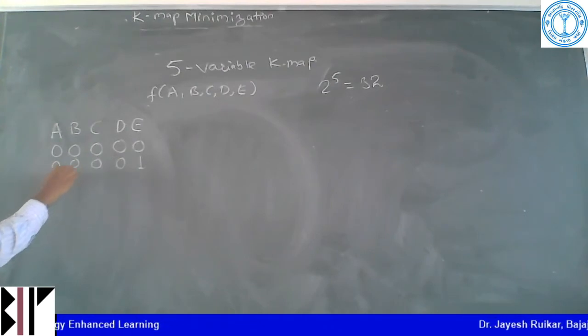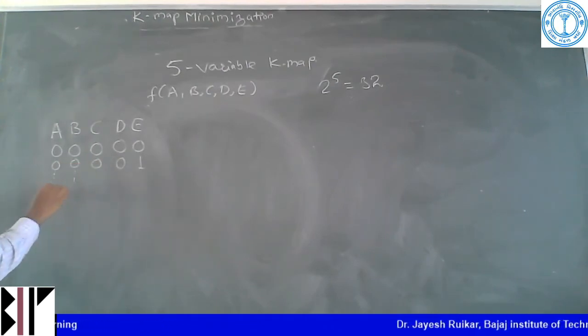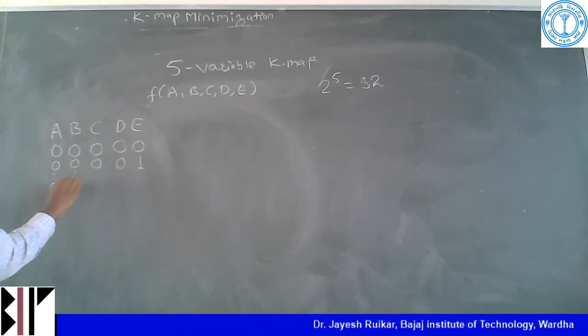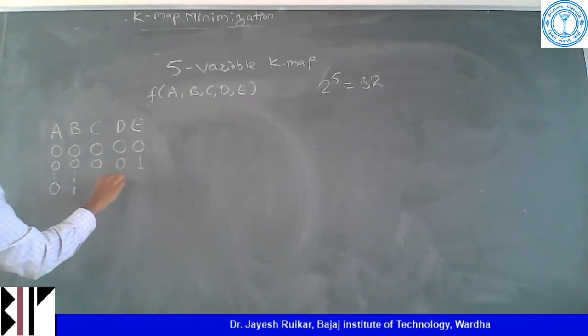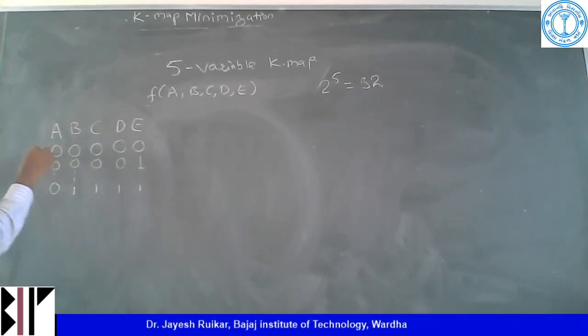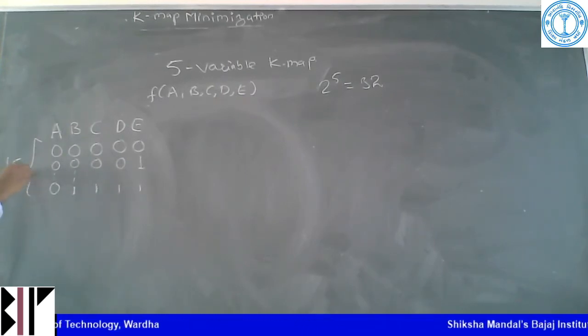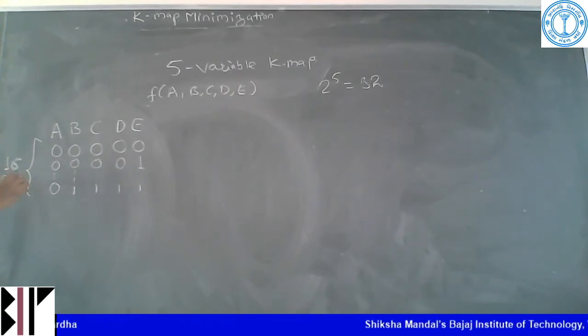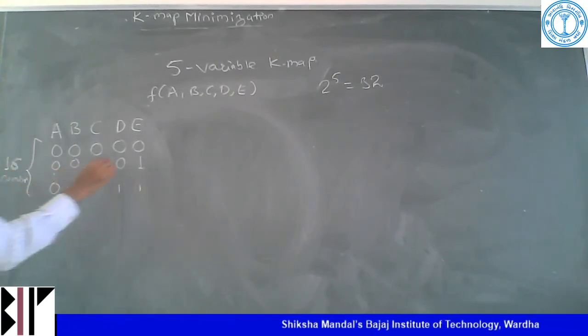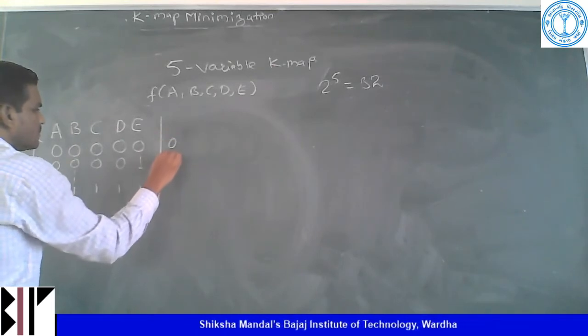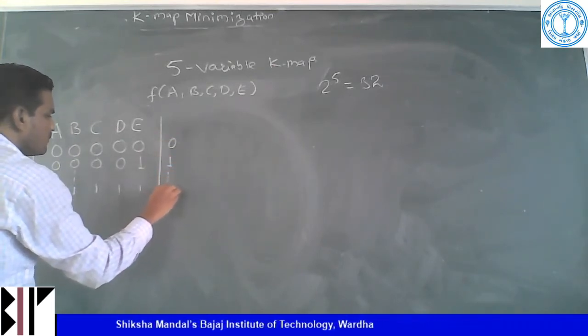The list goes on, 0, 1, 1, 1, 1. Sorry, this is 16 combinations from decimal number 0, 1 up to 15.